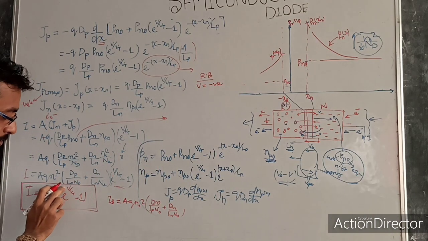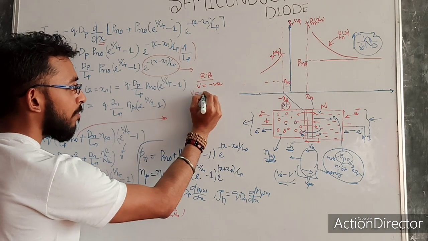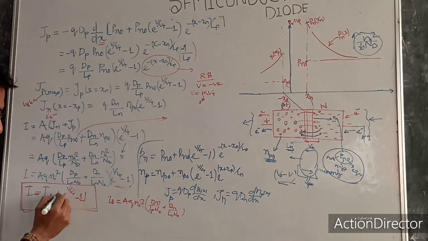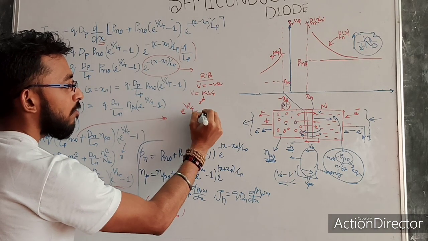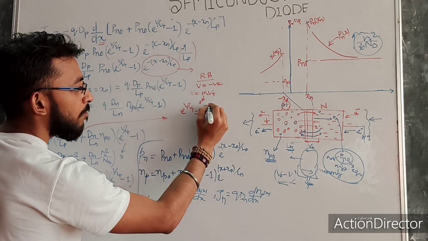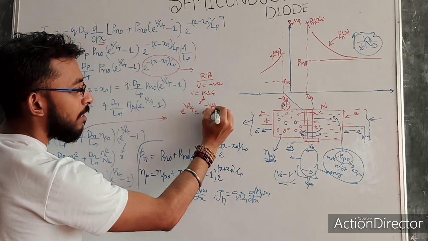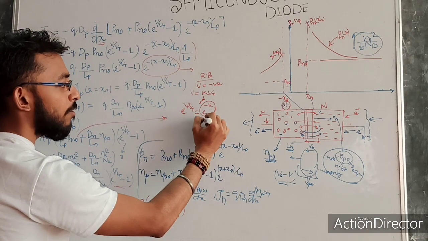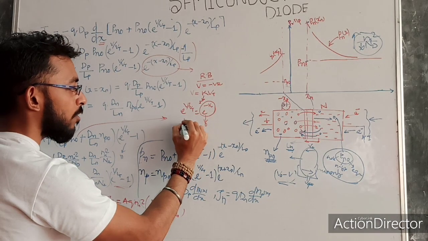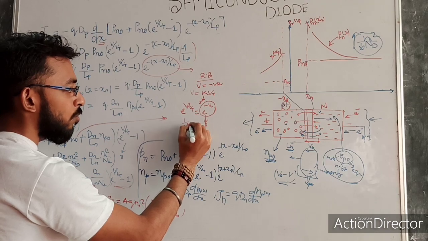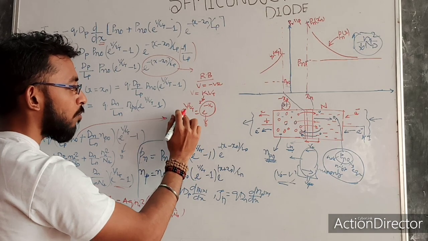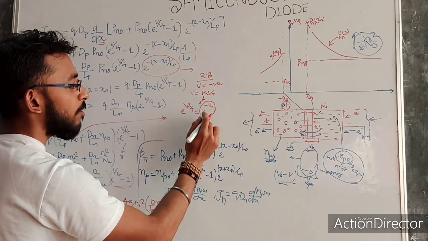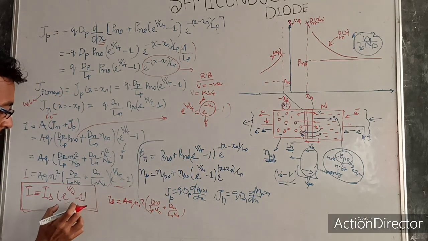If this voltage V is negative, some K times Vt, like 5, 10, 15 times Vt, then what will e power V by Vt become? It is e power negative K Vt upon Vt, and the Vt cancels. So e power minus K is nothing but 1 upon e power K. E power 2, e power 3, e power 4 is an exponentially increasing value, so 1 upon this exponent is almost negligible, it can be said to be 0. So e power minus K is 0, and with the minus 1, this total value gives me minus 1.